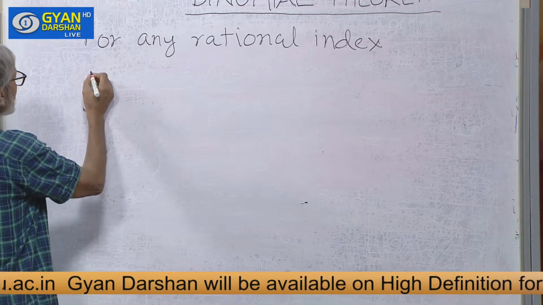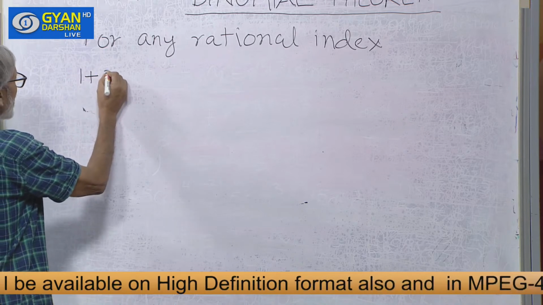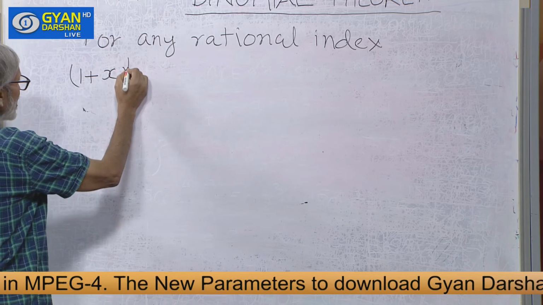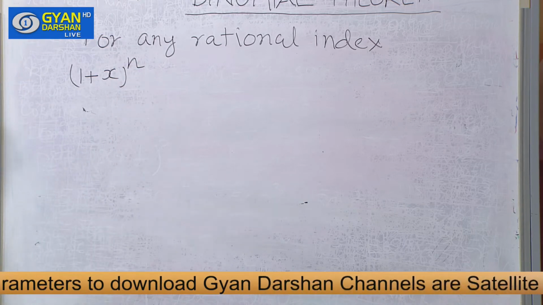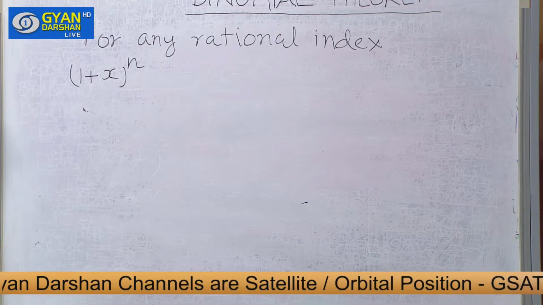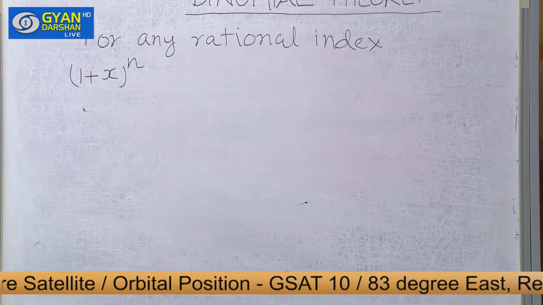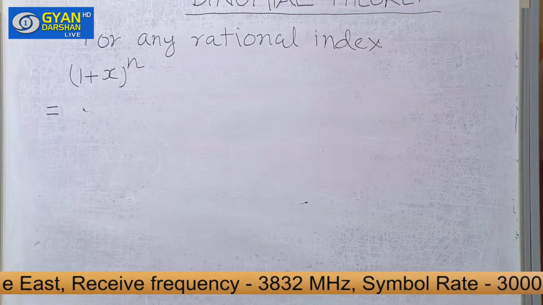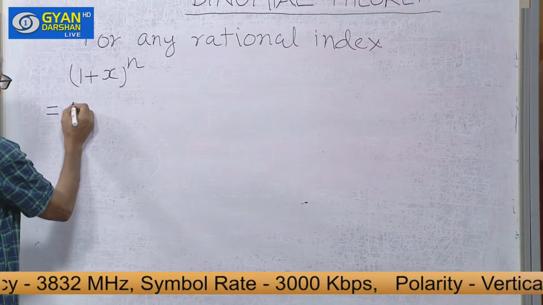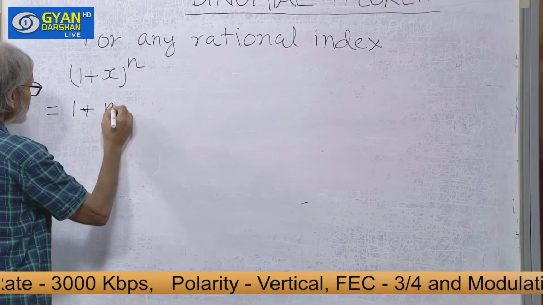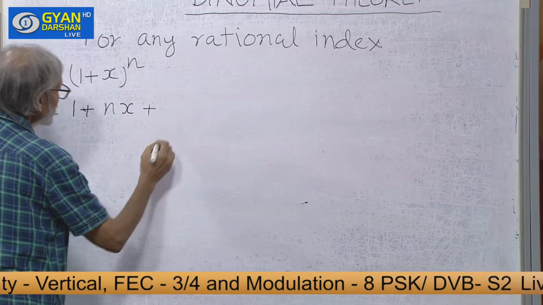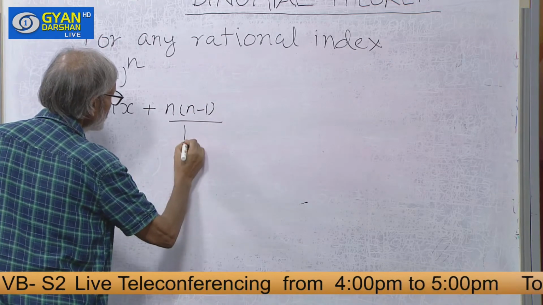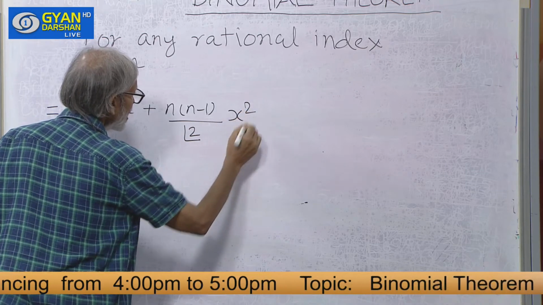Suppose here I am not writing (a + b), I am writing (1 + x)^n, because (a + b) you can convert in the form of (1 + x) to the power n, and this expansion is 1 + nx + n(n-1)/factorial 2 x squared.